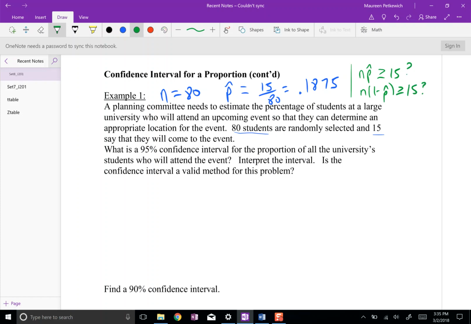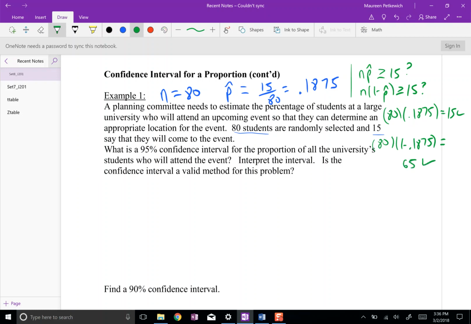So I'm going to say, is 80 times 0.1875 at least 15? That is actually equal to 15, so that checks out. And then I have 80 times 1 minus 0.1875, and that is equal to 65. And so that checks out.